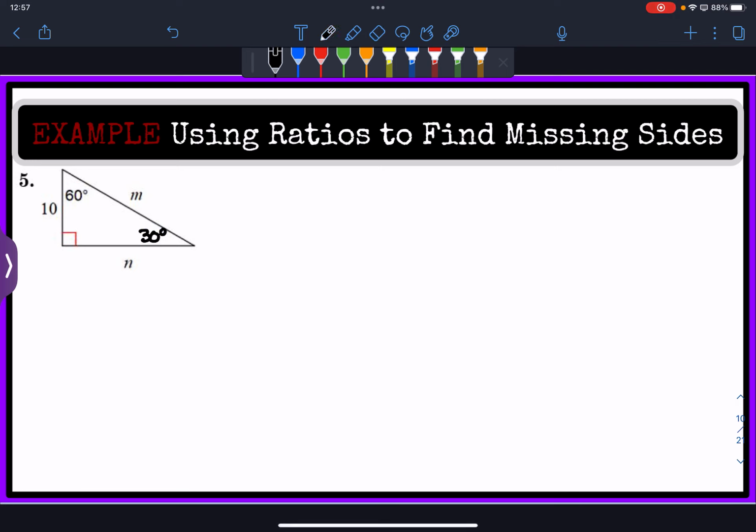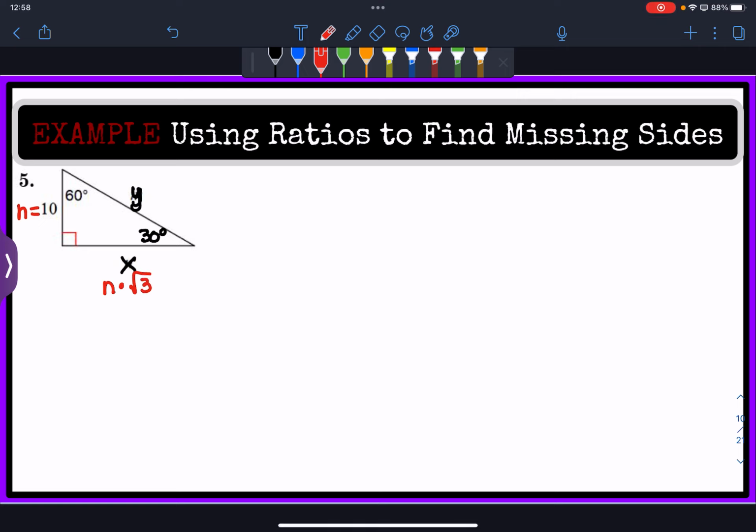Now let's call this X and let's call this Y instead of the letters M and N. Since the relationship between the three sides on a 30, 60, 90 triangle is the following, we can set up equations to figure out what the value of X and Y is. On the opposite of the 30-degree angle is the shortest side, so we're going to label that as N. So N equals 10. Opposite of the 60-degree angle is going to be the value of N times radical 3.